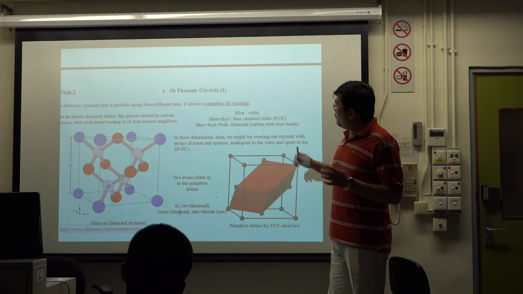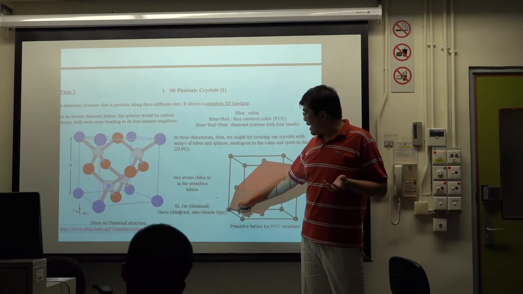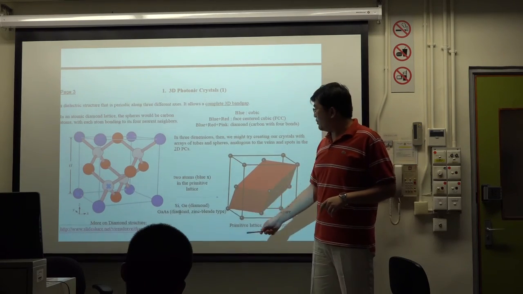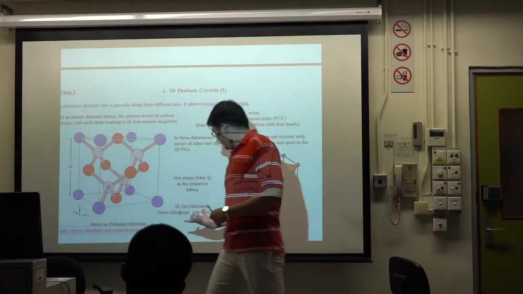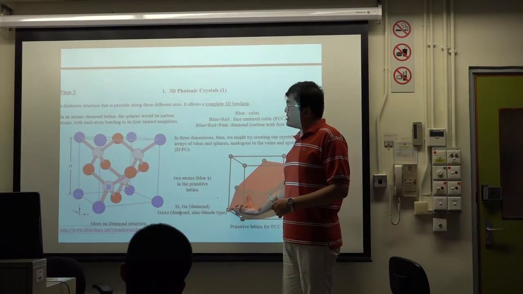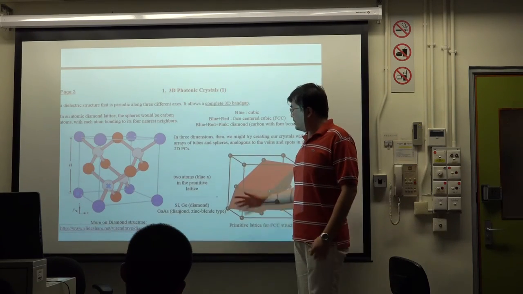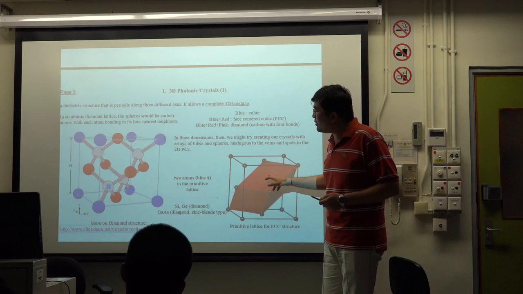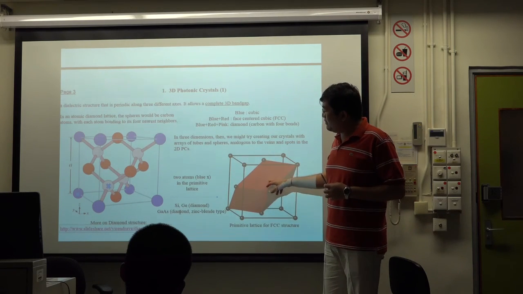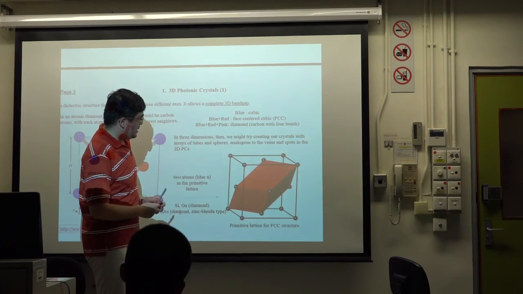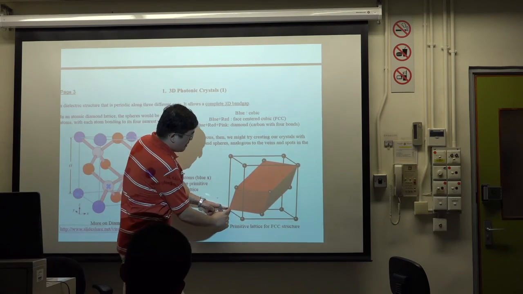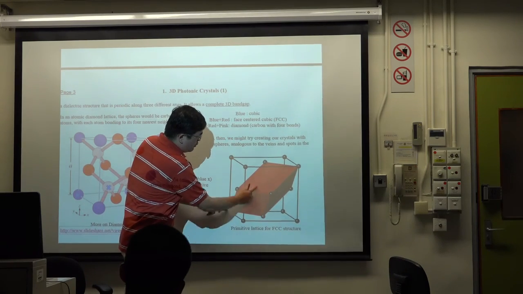For a typical FCC structure, there is only one atom. For diamond, we have two atoms. You can see these two atoms are just within this FCC structure. Okay, let me repeat that. This is a unit cell. This is a primitive lattice. Okay. So this is maybe A1, this is A2, this is A3.